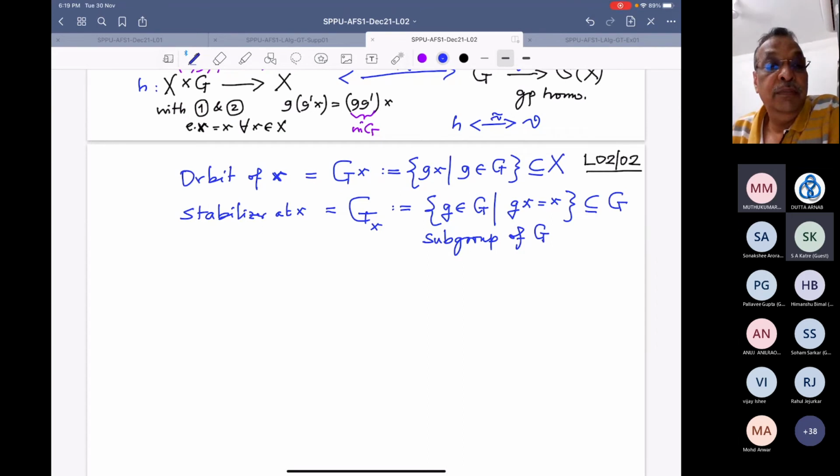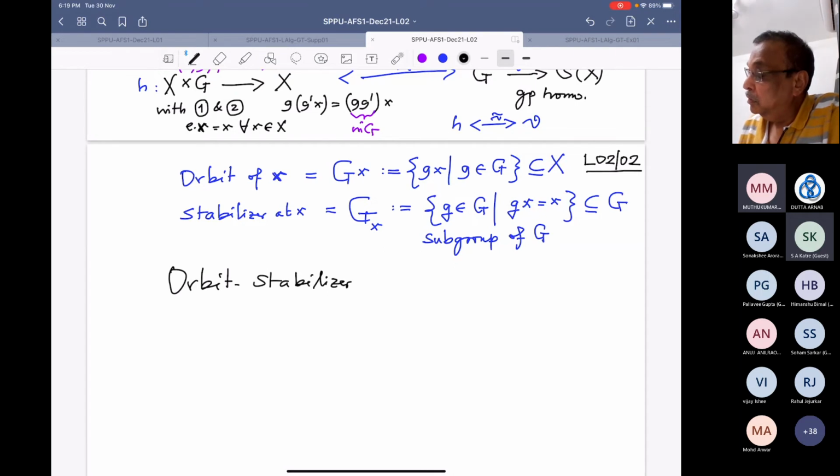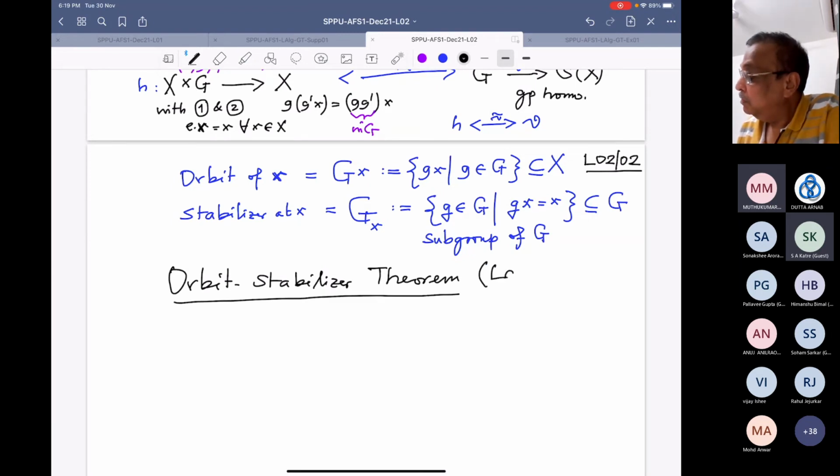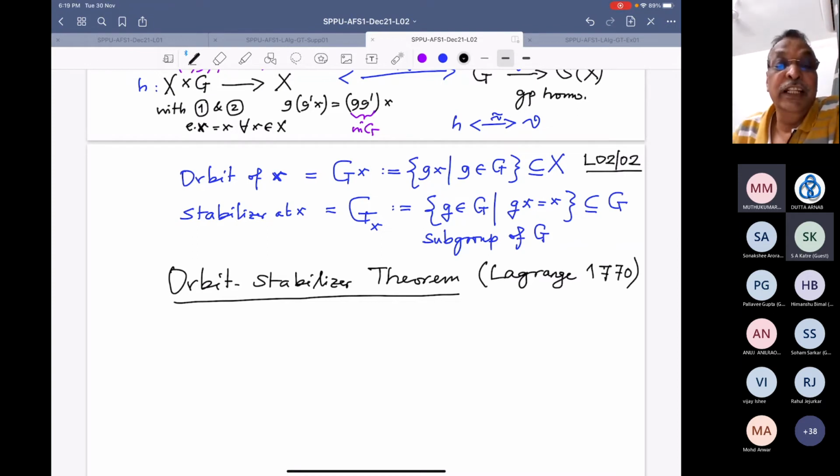All right, and what was the relation between them? We did it last time. That was the orbit-stabilizer theorem. This was Lagrange in 1770, but of course he didn't write in this language. That example I will discuss sometime.